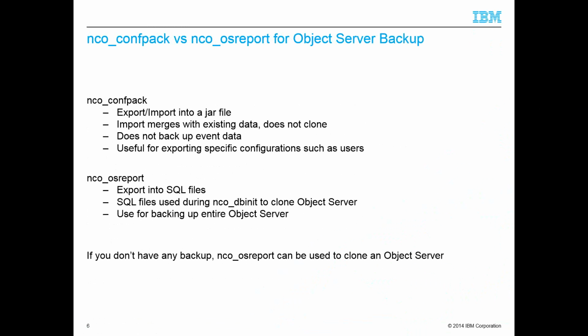And do these backups lock the database? It doesn't lock the database, but it can keep the object server busy. These NCO Compact and NCO OS report run very quickly. I've never seen them lock the object server out for any amount of time. The database backup, if it runs very frequently, and I'll show you that the default is for a 5-minute backup, that I have seen it where it can make the object server very busy during that backup time.